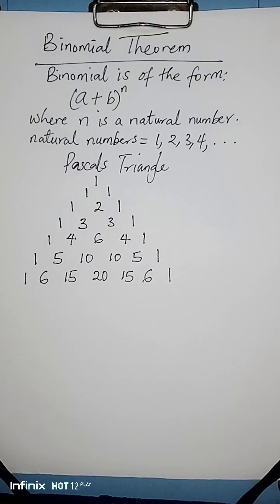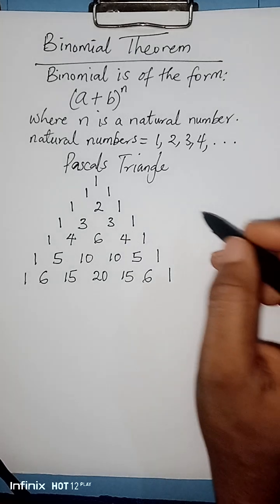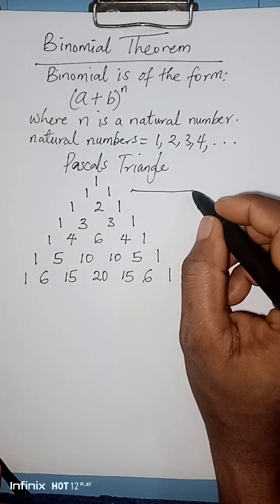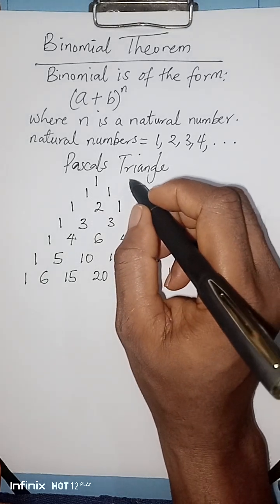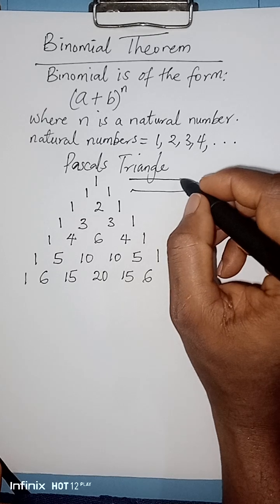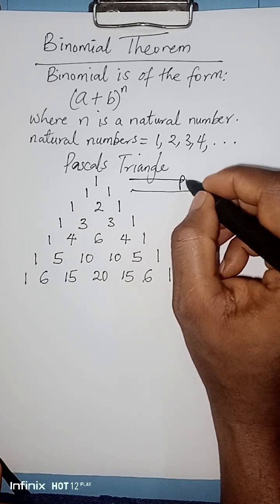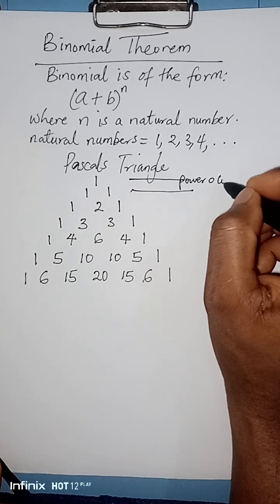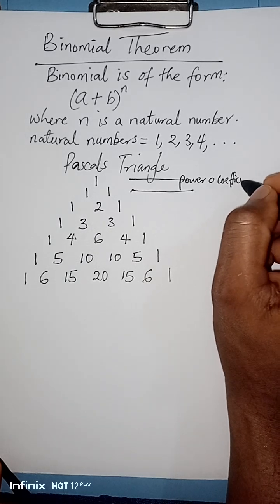That's how you're going to continue the process as you go on. Now, what does this tell you? Let's start with the very first one, which is 1. It tells you it is the power 0 coefficient.